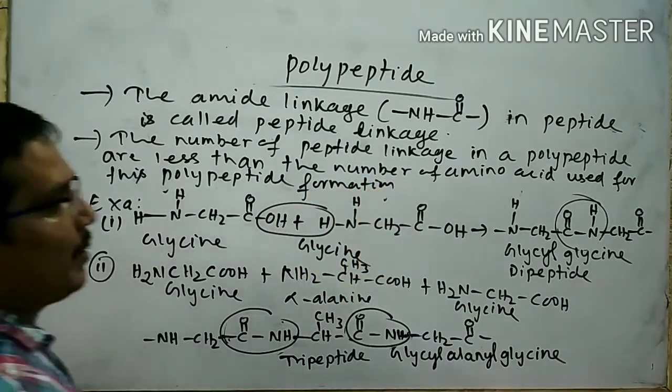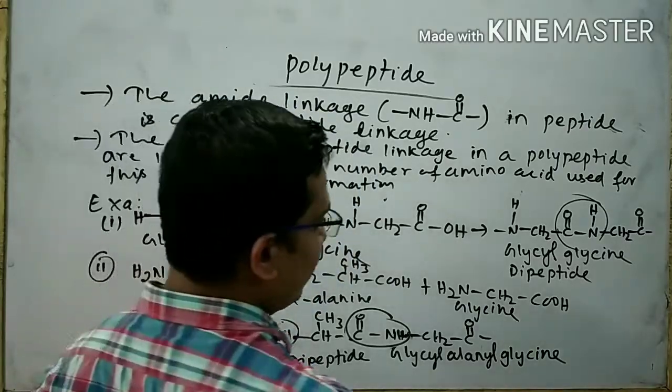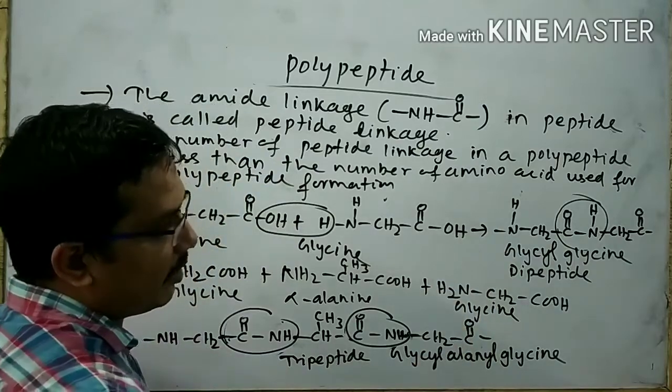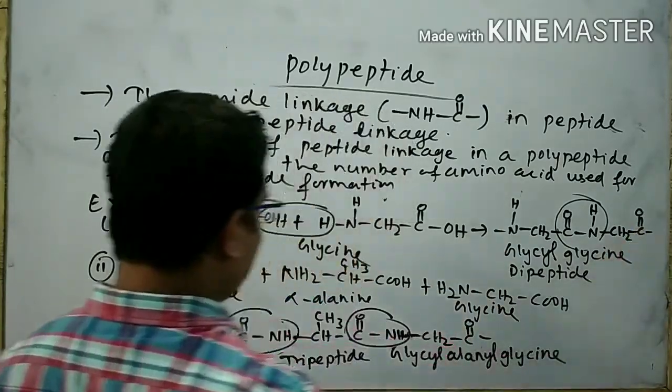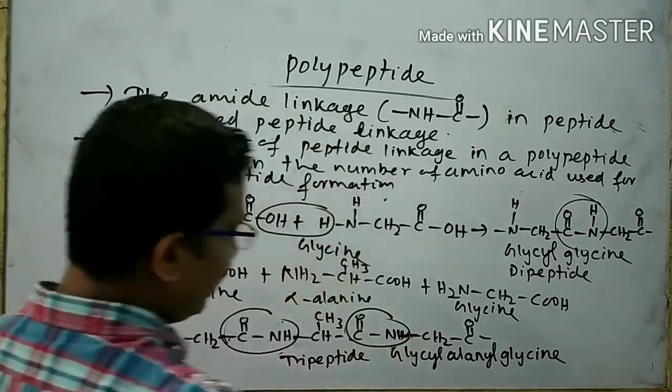In a polypeptide there are two terminals, one is the N terminal, another is the C terminal. This is said to be N terminal, this is said to be C terminal.